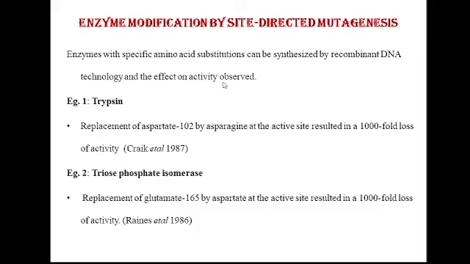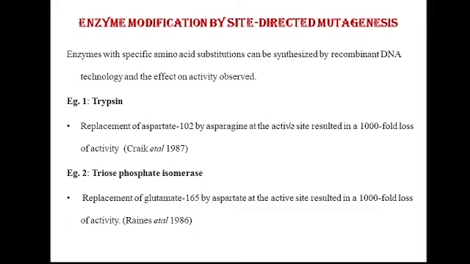Or rather, the amino acids that are present in the original enzymes can be substituted by different, newer amino acids. And then it becomes very easy for us to conclude that if the substitution affects the activity, then the earlier amino acid is present at the active site and responsible for the activity of the enzyme.